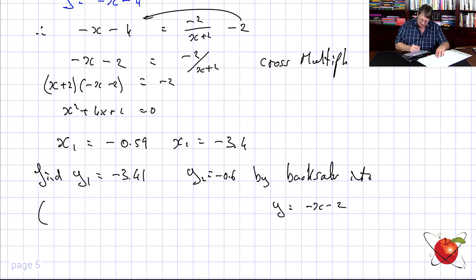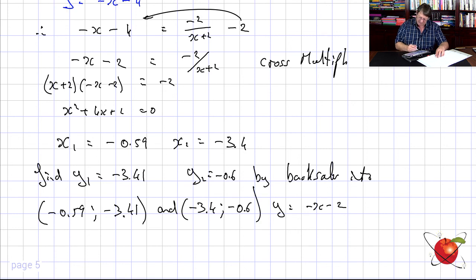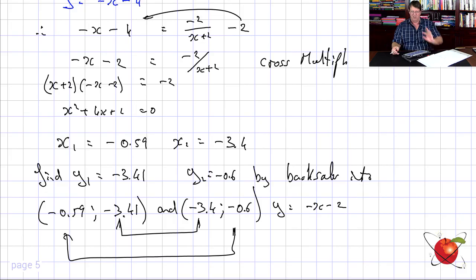So my coordinates are minus 0.59, minus 3.41, and the other point of intersection is minus 3.4 and minus 0.6. Can you see these numbers here are basically the same numbers? They've just flipped, which is what you'd expect because they are rotated about the line y equals x. That, in essence, is what we're going to do with these.